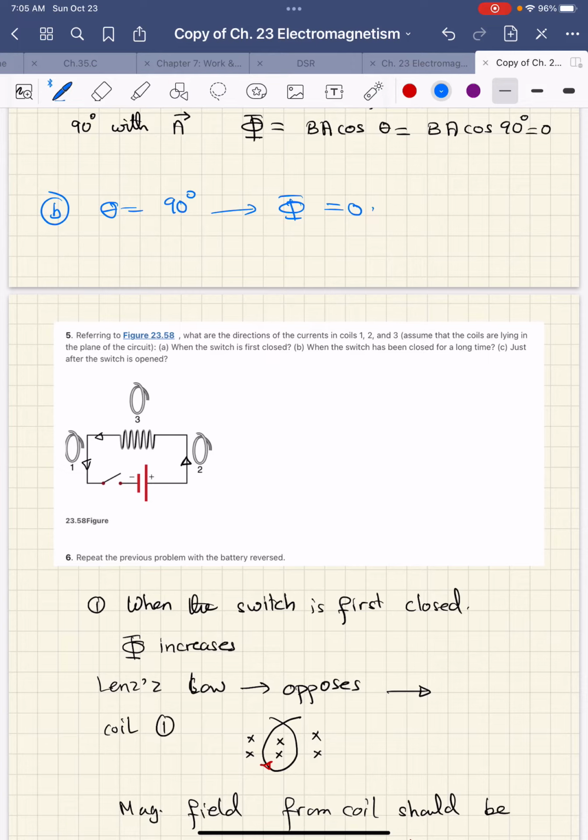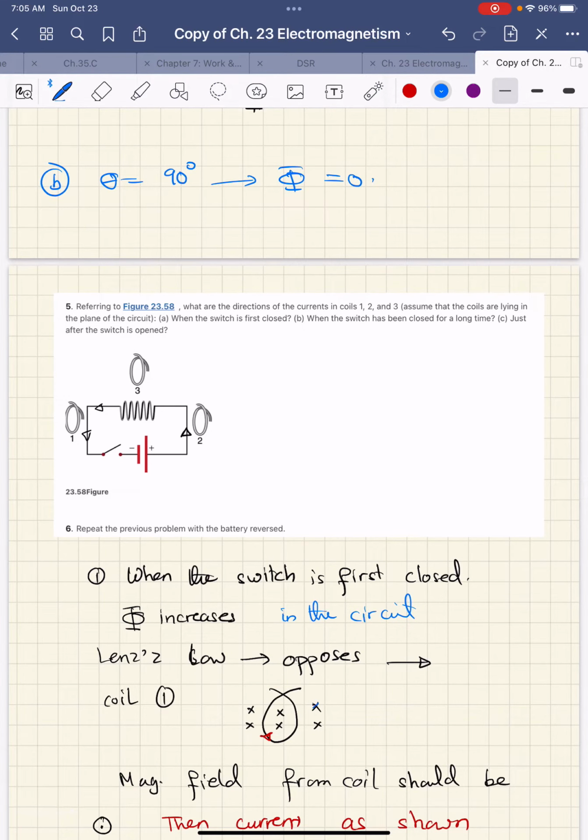When we have the switch first closed, then phi increases in the circuit, which means the magnetic flux from the original field, we call this the original, is increasing, and therefore the coil should have a current that opposes this, and therefore is going to have the magnetic field first.